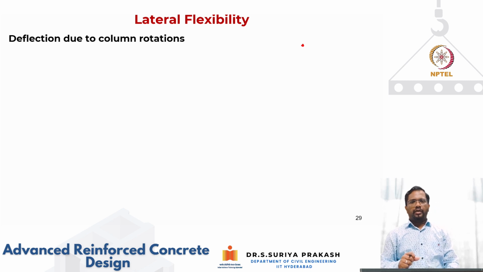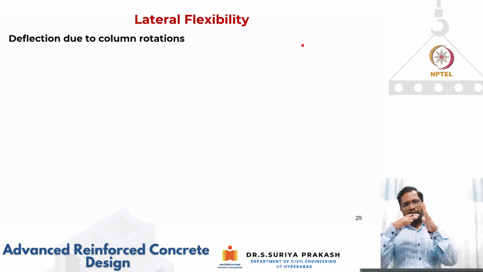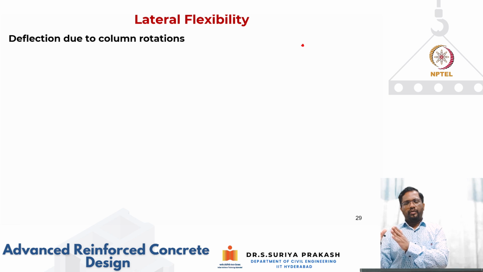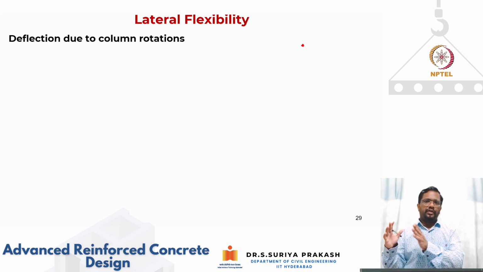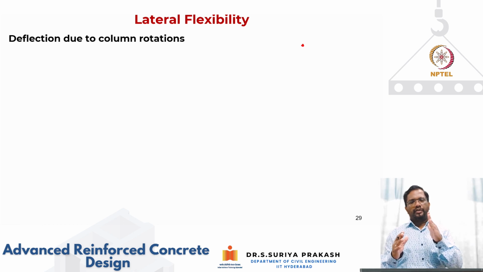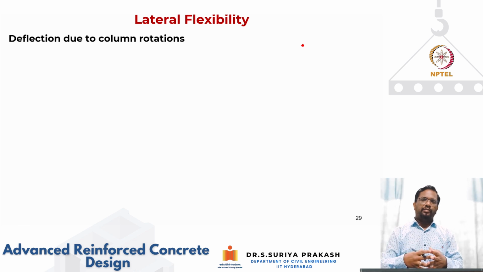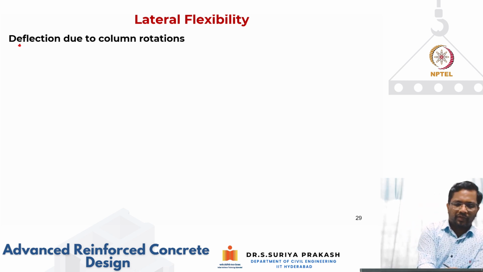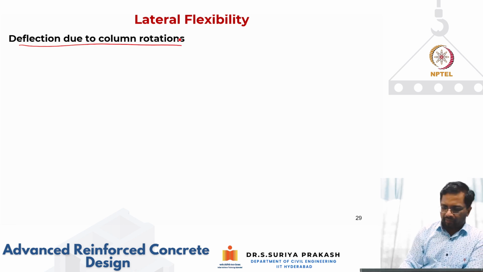One: what will be the deflection when only the columns are rotating and the beams are rigid. Two: what will be the deflection when the columns are rigid and only the girders deform. Then I'm going to add them up to find the total delta naught. So my objective is to calculate the deflection delta naught, right? First we will calculate deflections coming only from column rotations.